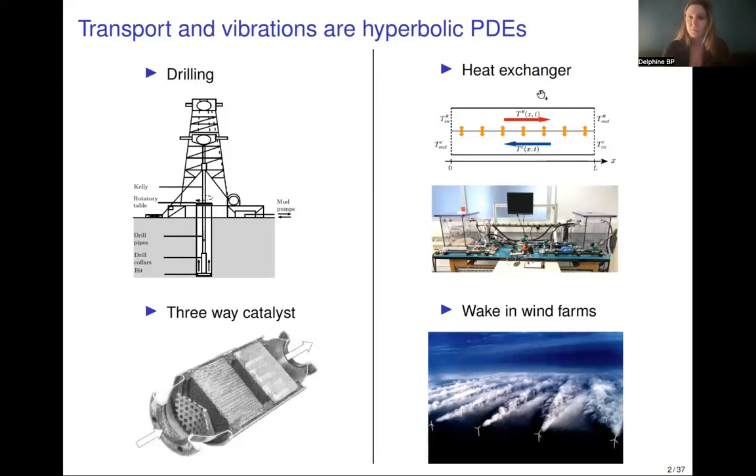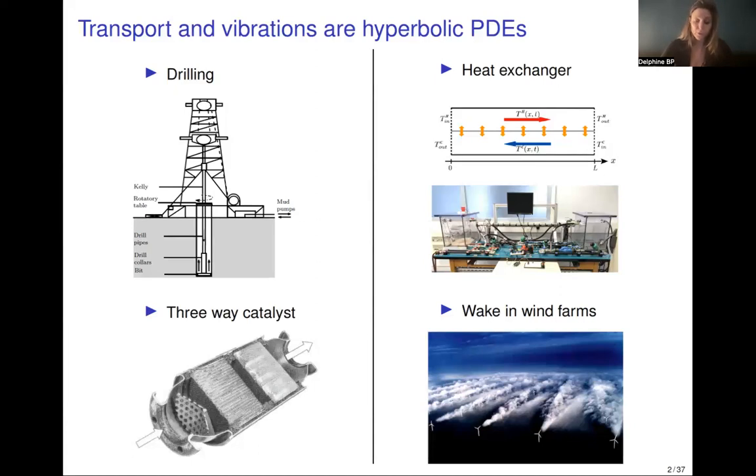So you have distributed exchanges, which come from convective exchanges along the channels. And then the two flows are also flowing, so you have a transport equation which models the dynamics of each of the temperatures.